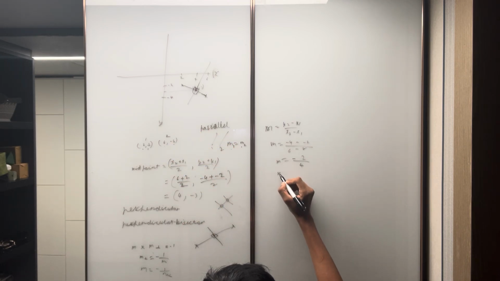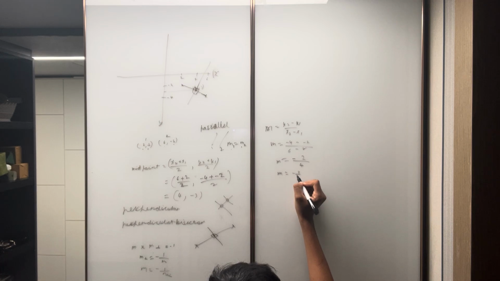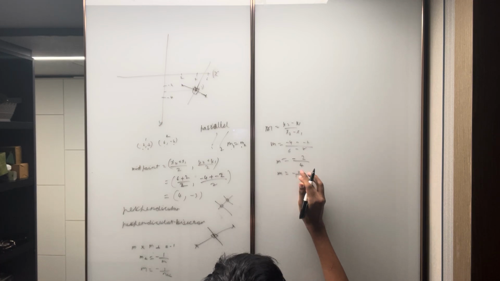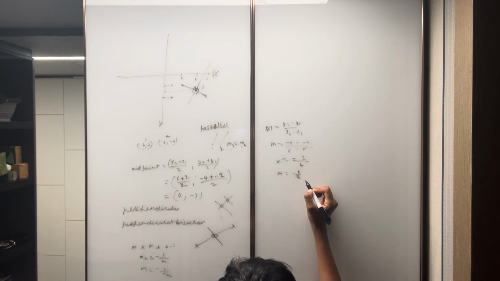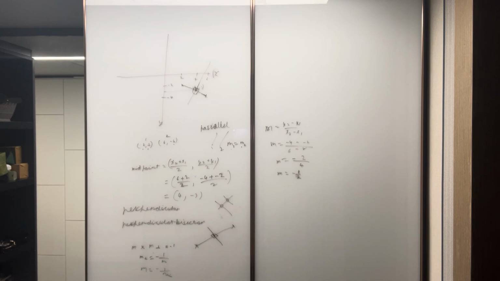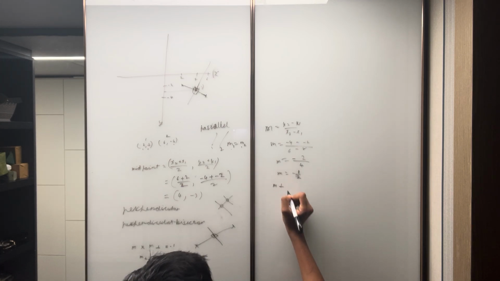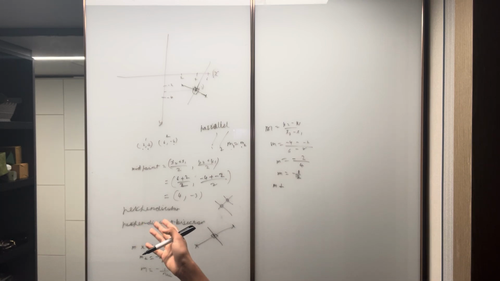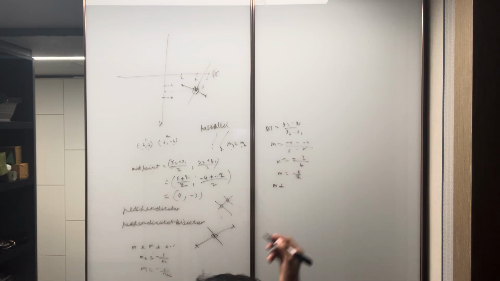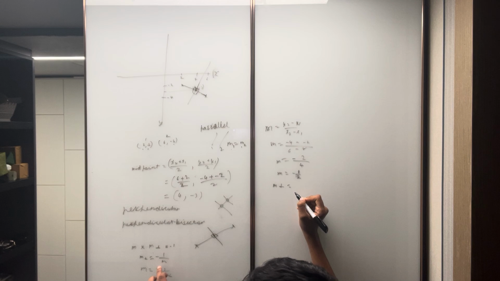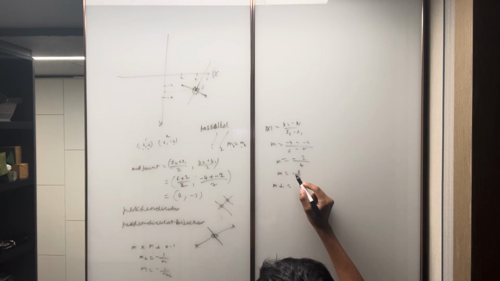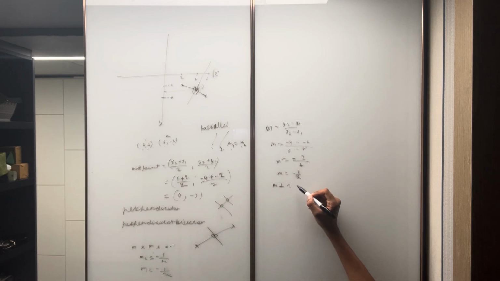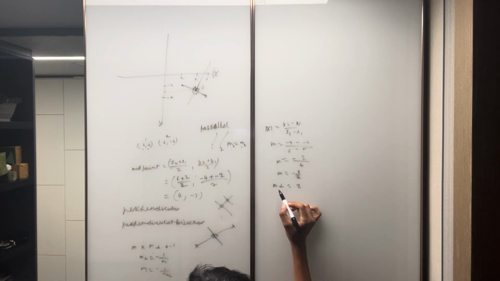So the gradient of this is -2 upon 4, which can be written as -1 upon 2. To find the gradient of the perpendicular bisector, as I said, negative reciprocal. So you multiply this by -1, you get 1 by 2. You take the reciprocal, you get 2 by 1, which is 2. So we got that.